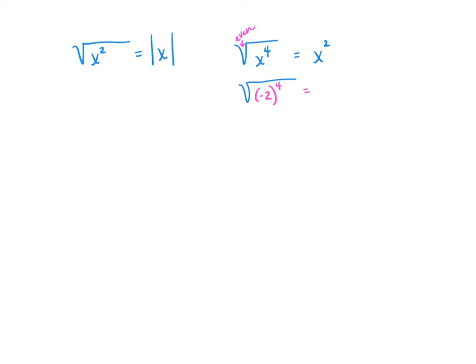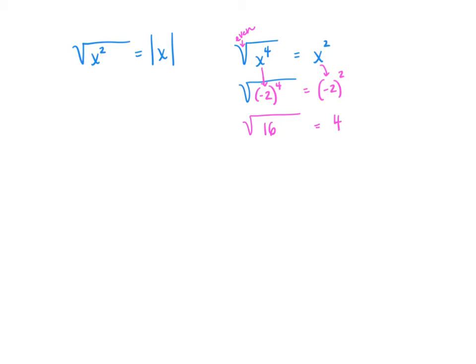Well, is that going to be negative 2 squared? Because remember, all we're doing is plugging in negative 2 for x. Well, think about it this way. Underneath the square root, aren't you going to have a positive 16? And does that equal a positive 4? And it does.